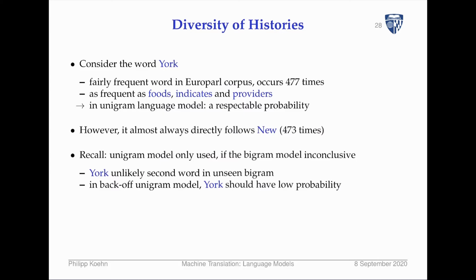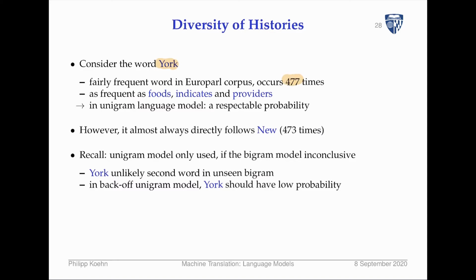Okay, let's look at the whole thing from a different angle. This is the same spirit of ideas, but we're now going to look at it from the other direction. So consider the word York. It's actually a fairly frequent word in the European Parliament corpus, 447 times.